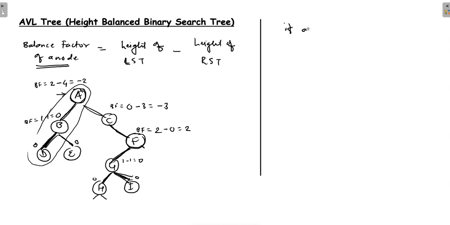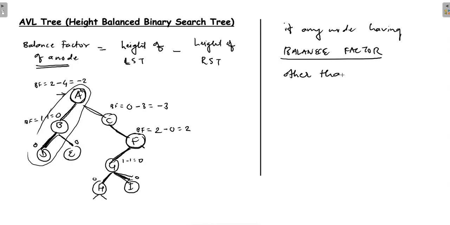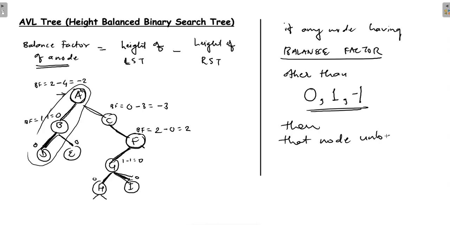If any node has a balance factor other than 0, 1 and minus 1, then that node is an unbalanced node. That node we can call an unbalanced node.